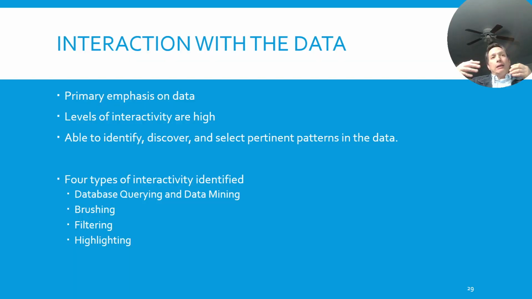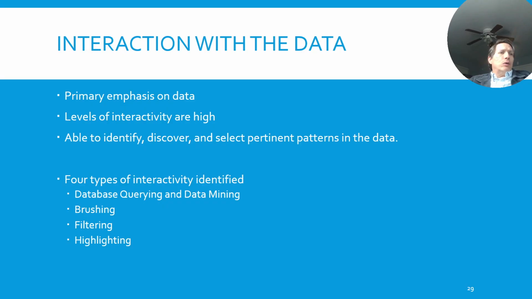But data mining is an advanced computational technique where you have this data and it is capable perhaps of discovering hypotheses and relationships that you cannot see clearly. Brushing is like it says, painting, so we can brush the data, we can filter and highlight.